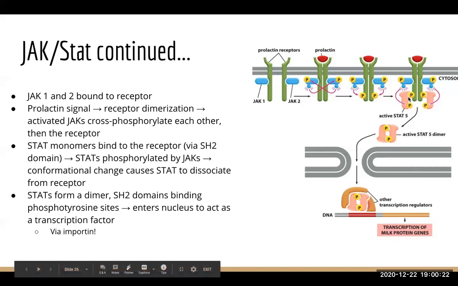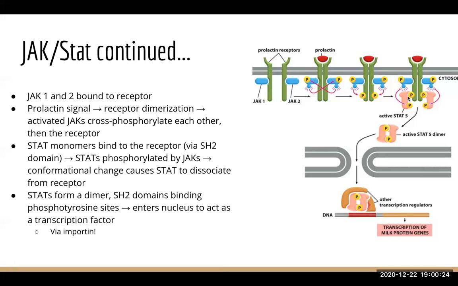Once they bind to the first phosphate on the receptor through their SH2 domain, the JAKs then phosphorylate STAT at this second location. So it comes in, binds to one phosphate, and then gets phosphorylated by the JAKs.